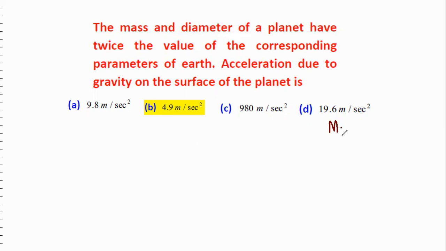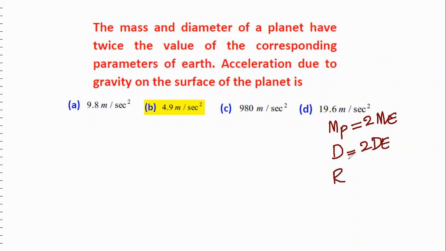Mass of the planet is 2 times the mass of the Earth, and the corresponding diameter of the planet, D for diameter, is equal to 2 times the diameter of the Earth.